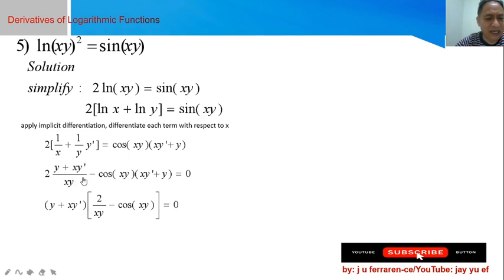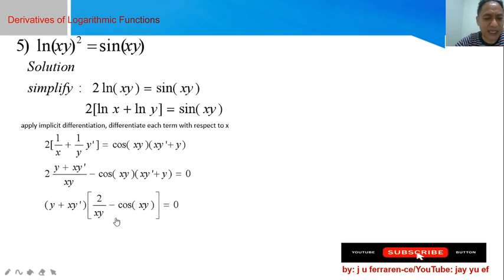Then minus. I want you to notice that the expression y plus xy prime is appearing common between the two terms. So what we did previously is to factor out the y plus xy prime. Removing y plus xy prime as a common factor, what is left in the first term is 2 over xy.